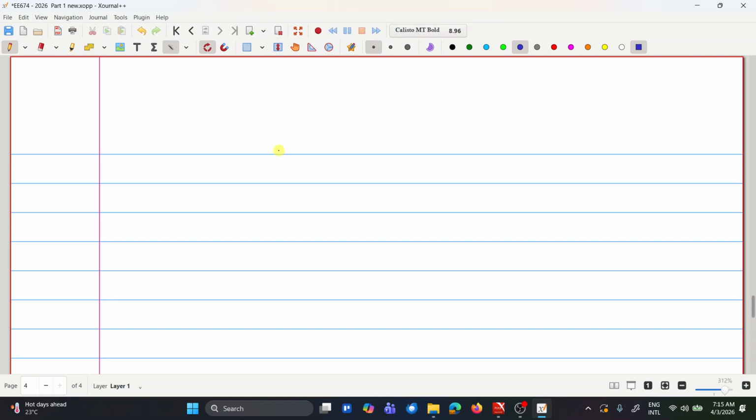Sorry. So you look at the modeling of the synchronous generator and associated components. What are the components that we are going to model?